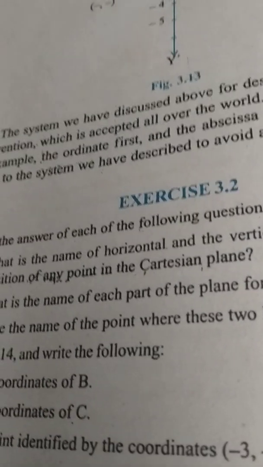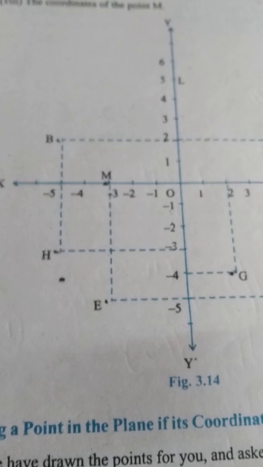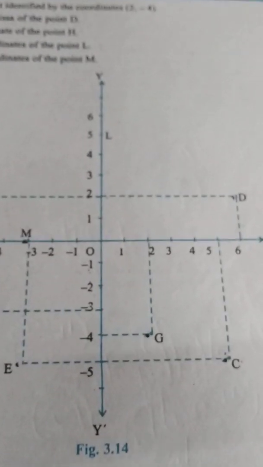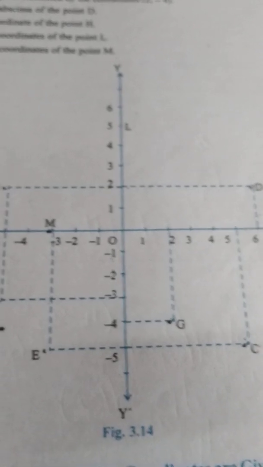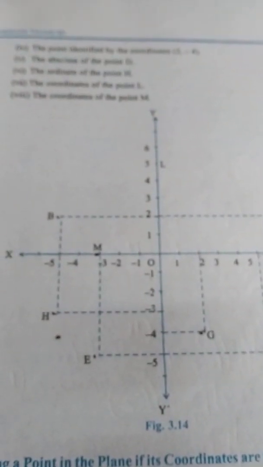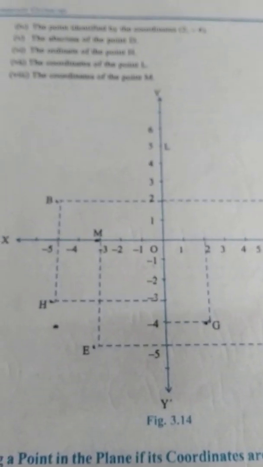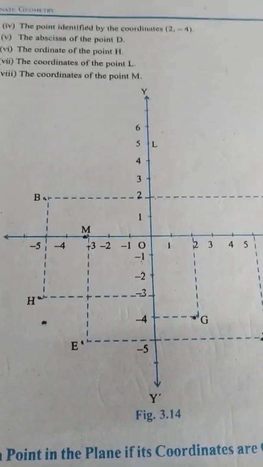Coordinates of C are, check the figure, where is C? 5, -5. Okay? Point G is identified by coordinates 2, -4. Please write the answer.